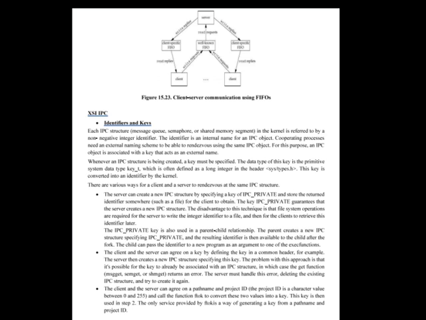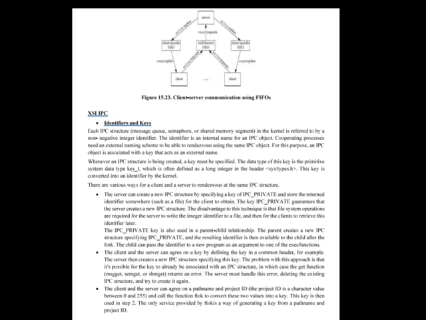The disadvantage to this technique is that file system operations are required for a server to write the integer identifier to a file and then for the client to retrieve this identifier later. The IPC_PRIVATE key is also used in the parent-child relationship. The parent creates a new IPC structure specifying IPC_PRIVATE, and the resulting identifier is then available to the child.